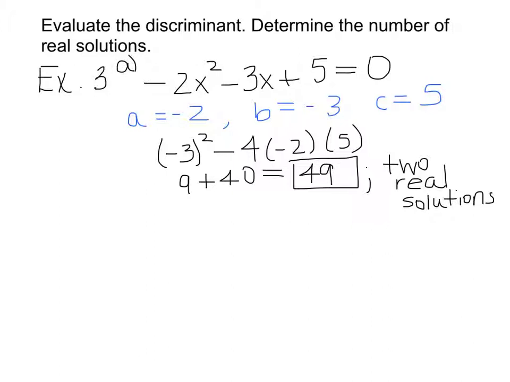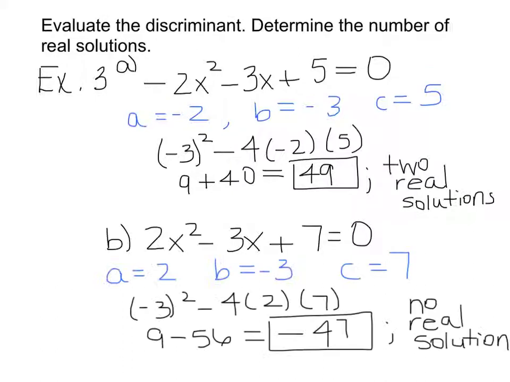Okay? Now you can try this one. 2x squared minus 3x plus 7 equals 0. So try this one and then we'll check our answer.